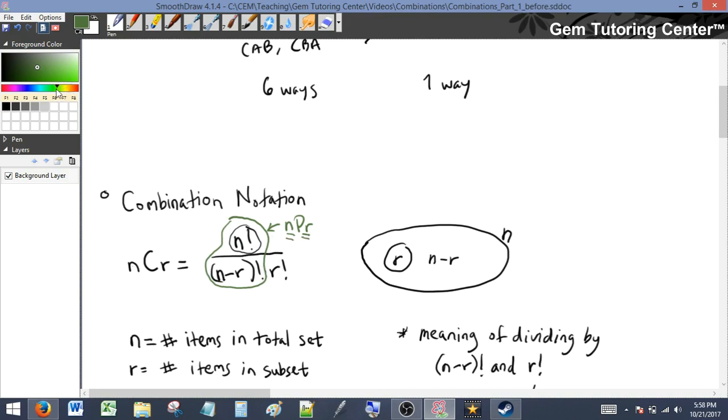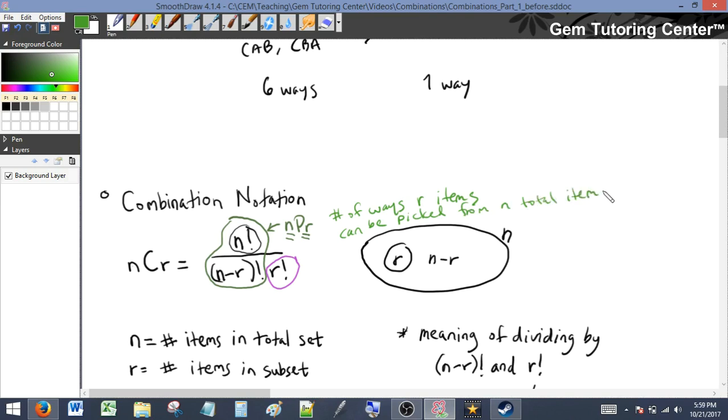Okay, but then we have this r factorial term here that's extra. It looks like extra, right? So the reason we have an r factorial here is that from this green blob here, we got the number of ways r items can be picked from n total items.